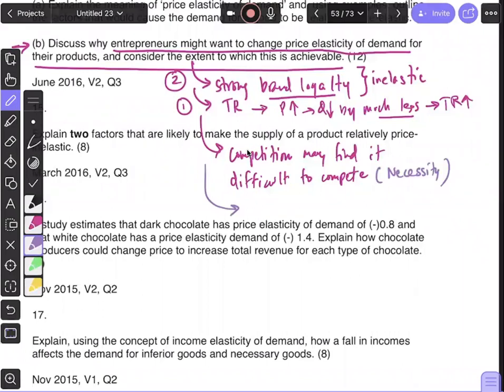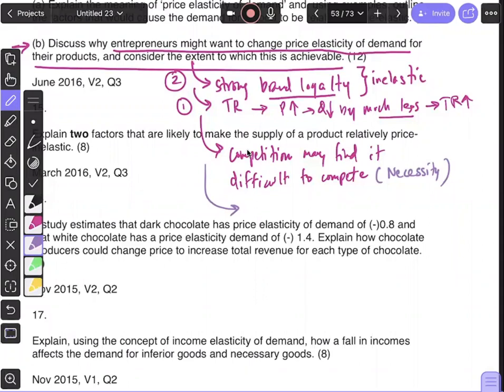Make sense? So can it be that we might be able to make a monopoly? Being inelastic means that you will have a possibility of monopoly power. Yes, you can say that.